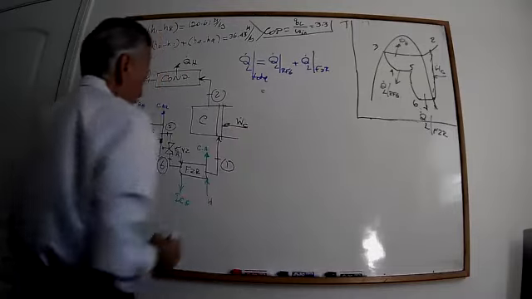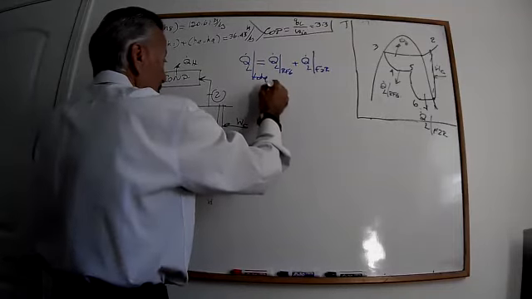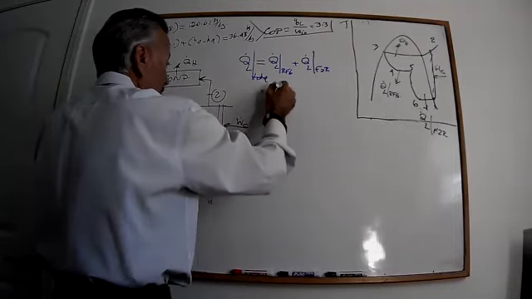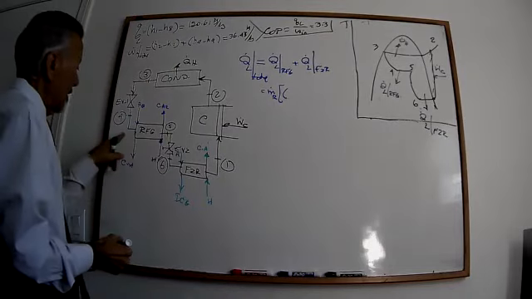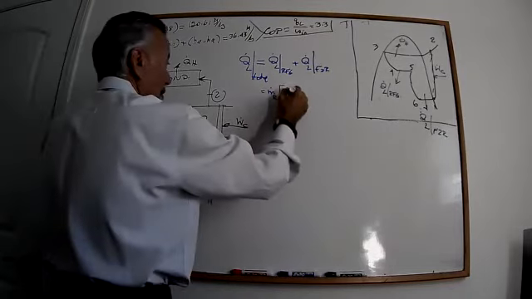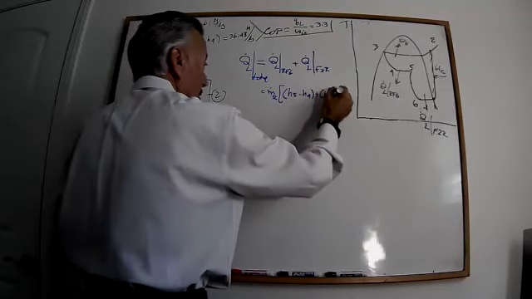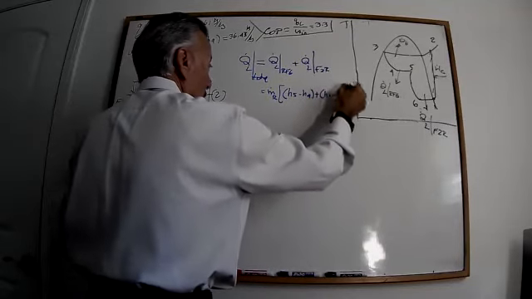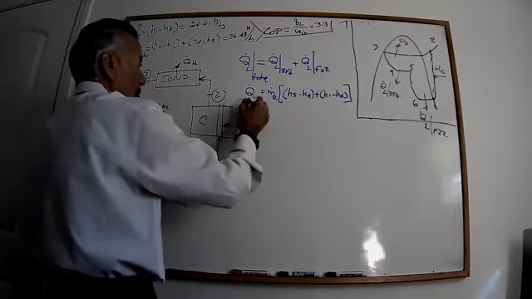So that means the mass of refrigerant, I will factor this out, times H5 minus H4, plus for the freezer H1 minus H6. That will give you the total QL.